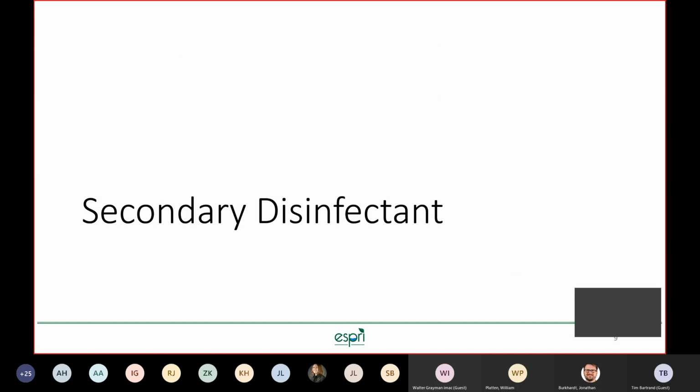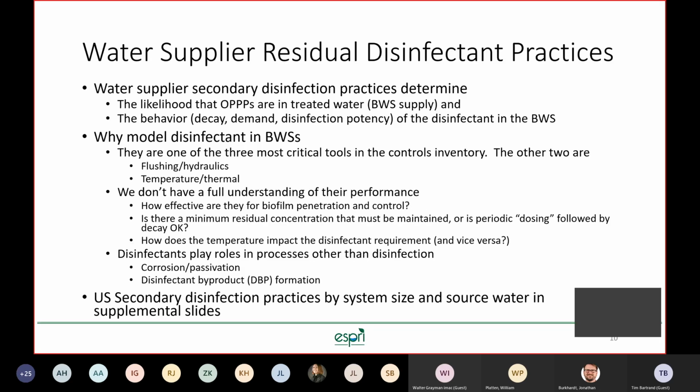Now I'm going to get into secondary disinfectant. The water supplier residual disinfectant practices are critically important to know because they set the stage for the modeling that needs to be done. They also determine how likely it is that certain opportunistic premise plumbing pathogens are in the treated water.